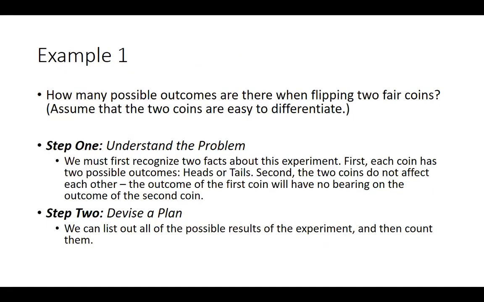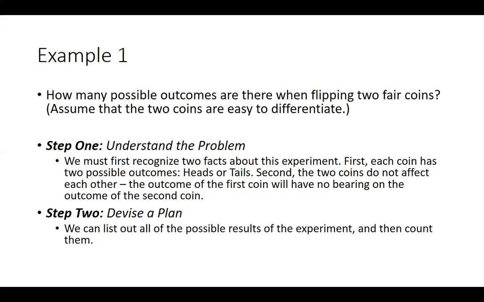So in example 1, we're asked, how many possible outcomes are there when flipping two fair coins? Assume that the two coins are easy to differentiate. Let's do our 4-step problem-solving process. Step 1, understand the problem. We must first recognize two facts about this experiment.